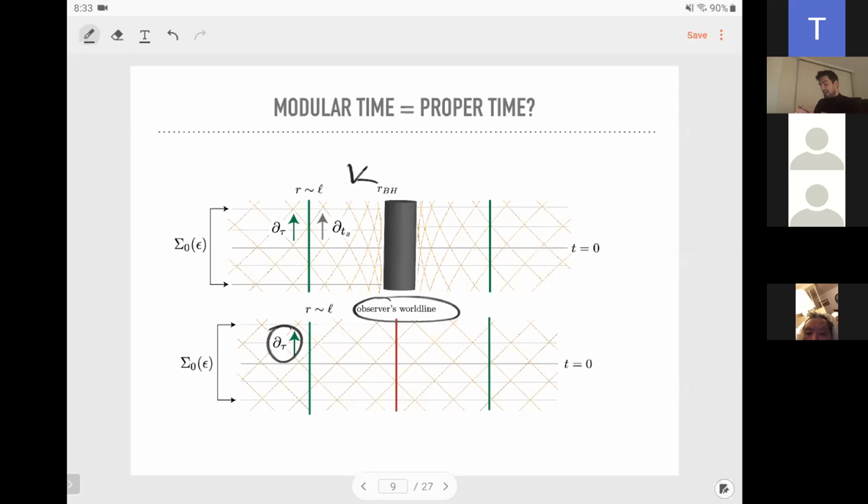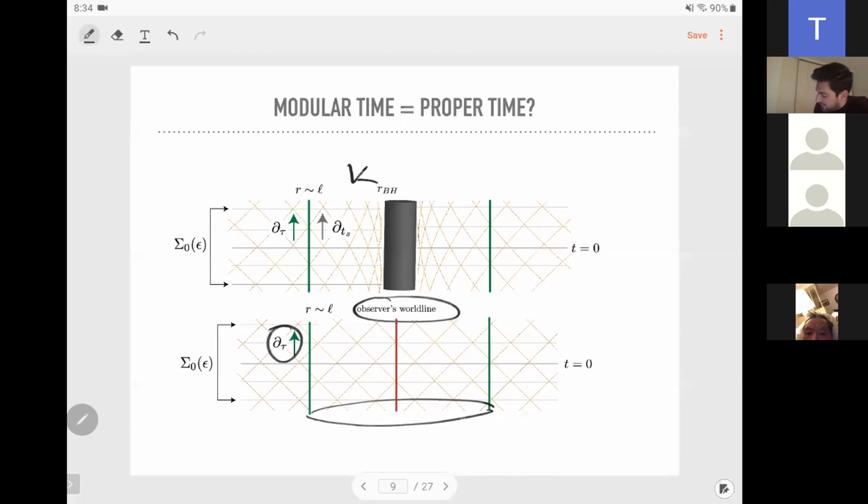Now, when I replace this ideal observer with the physical probe, my black hole, I can think of this process as the following cutting and pasting procedure. I choose a large enough neighborhood of my ideal worldline, this tube over here, and I remove the inside, and I replace it with the black hole and its surrounding spacetime. But in order to glue this black hole spacetime to the exterior spacetime, I have to do this smoothly at the boundary.